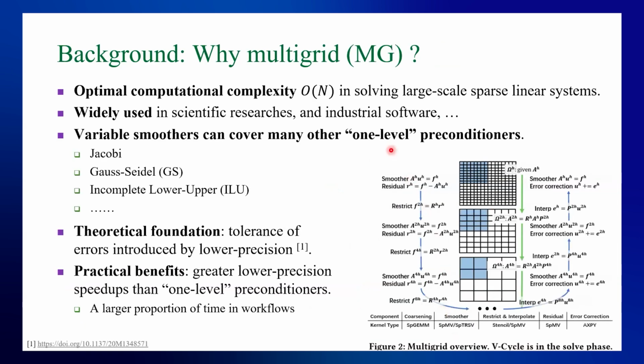This slide explains why we choose multigrid, MG. It has optimal computational complexity. It is widely used. It already has some theoretical foundation for mixed precision, and most importantly, from the practical view, the lower precision in MG can bring greater speedups than other one-level preconditioners.